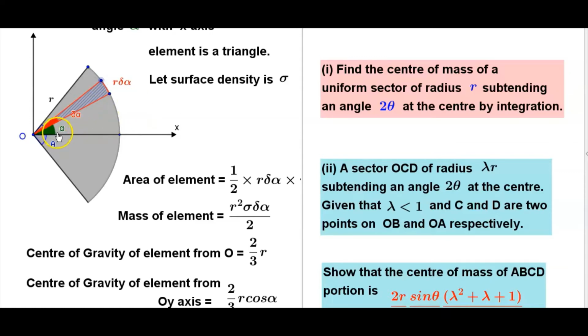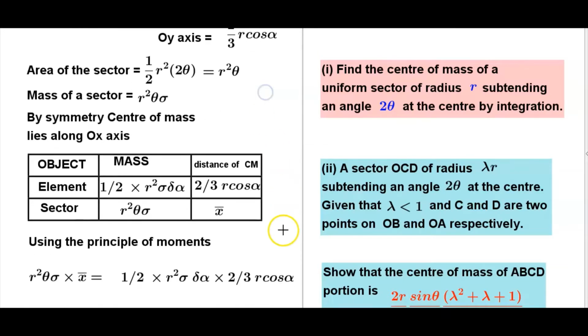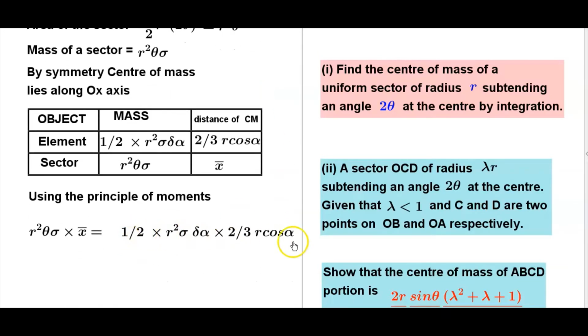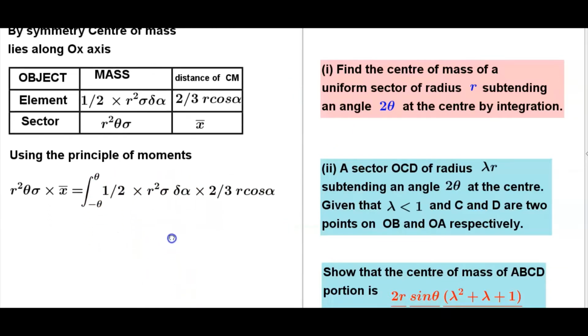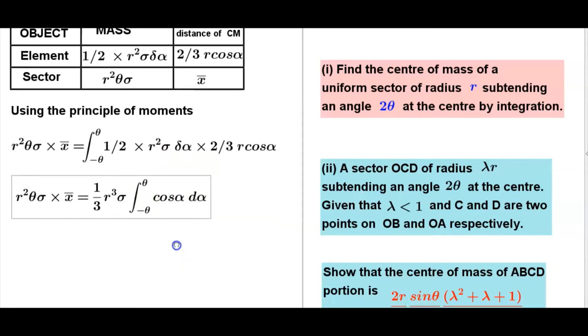When alpha varies from minus theta to plus theta, we can create many elements. Therefore we want to add all elements, so we integrate from minus theta to plus theta. Simplifying, r squared theta sigma into x bar is equal to, the 2 cancels, 1/3 r cubed sigma, integration from minus theta to plus theta of cos alpha d alpha.